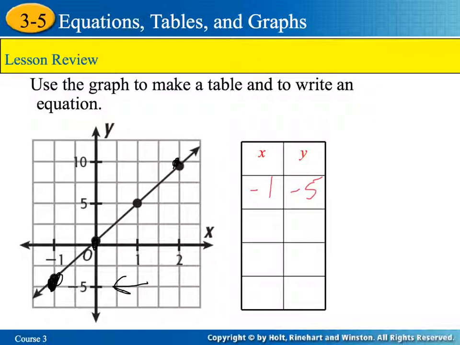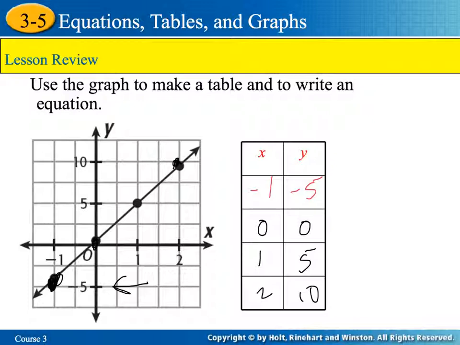Watch your scale. My scale is a little different there, so be careful. All right, next one. What is it? 0, 0. Okay, next one. What's my x? 1, 5. Last one. What's my x? 2. My y? 10.